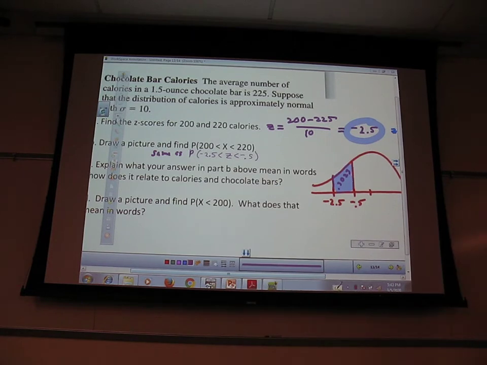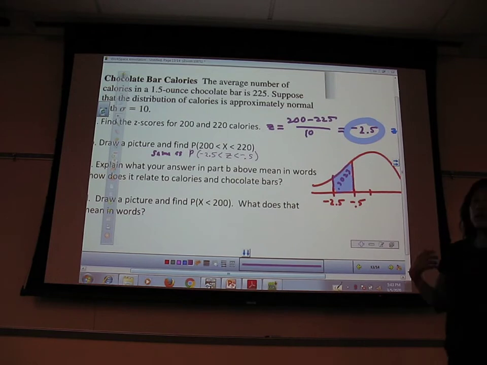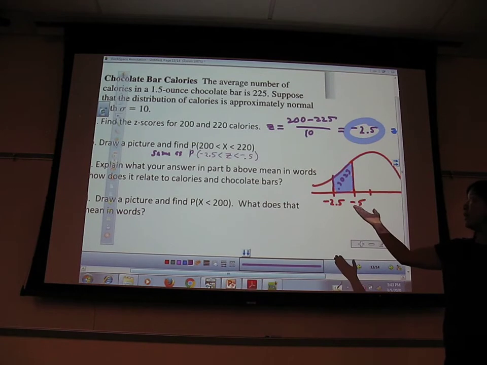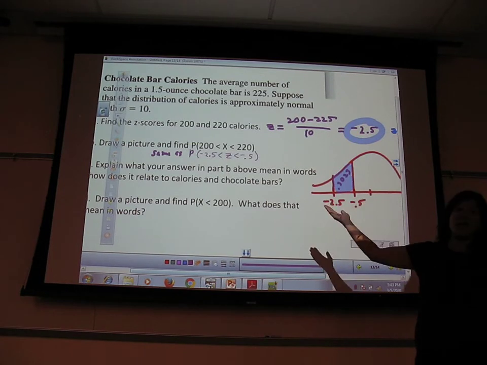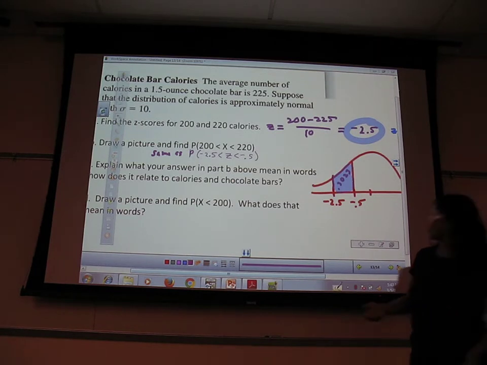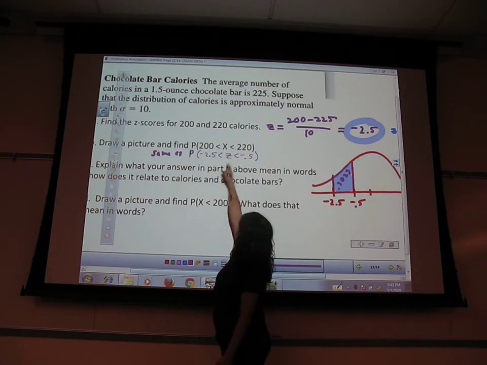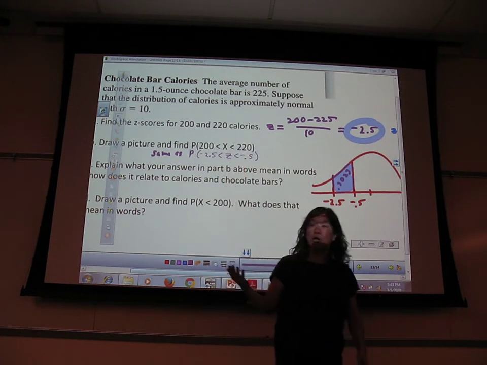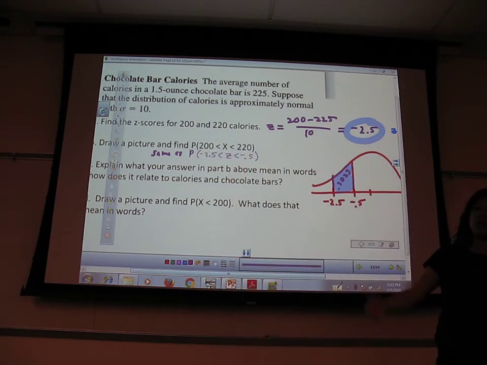Because I don't know what those numbers are if I left them as x values, because then I'd have to make a whole new distribution and try to calculate what it is for all of those values in between. But if I convert them to z-scores and use negative 2.5 and negative 0.5, then I totally know how to find the area between two z-scores.